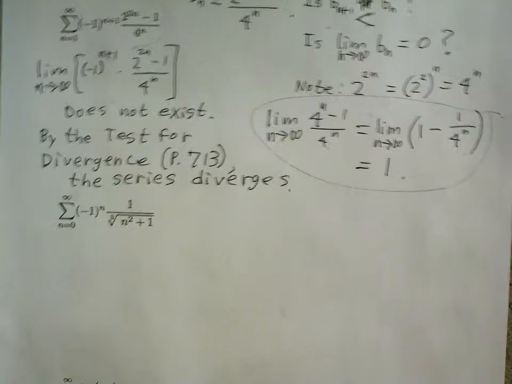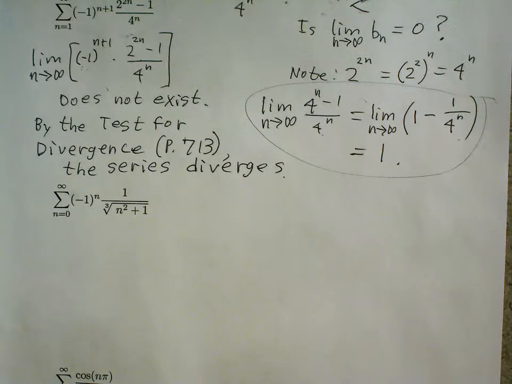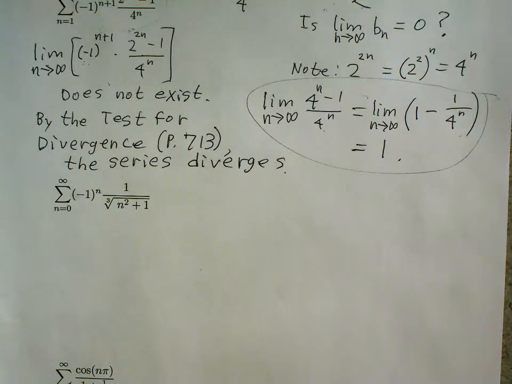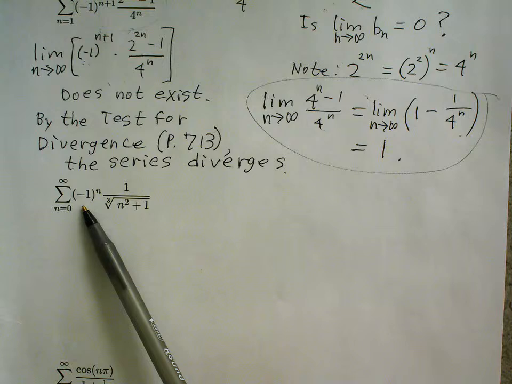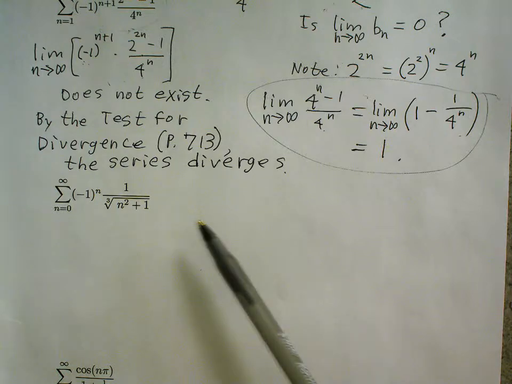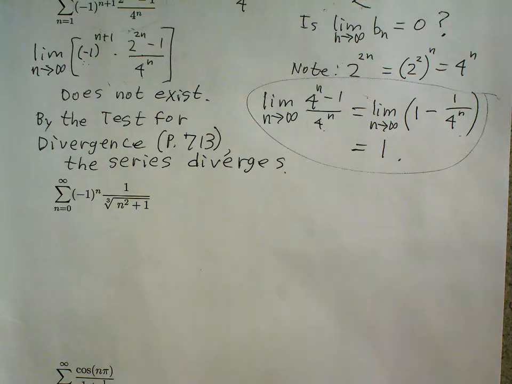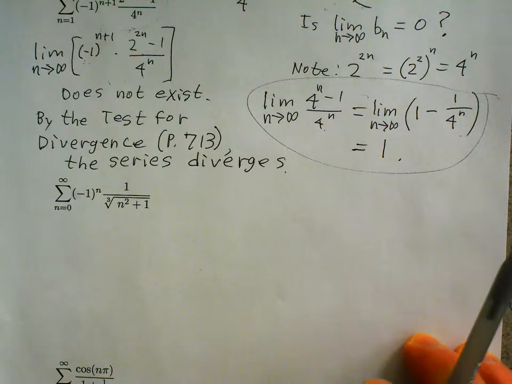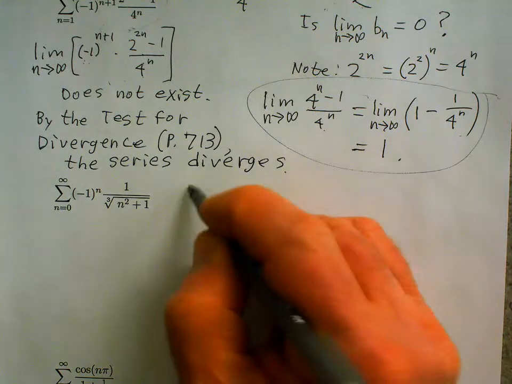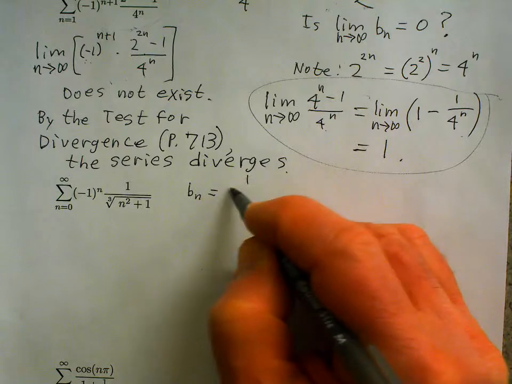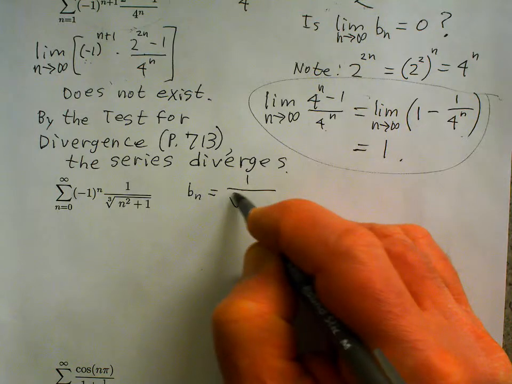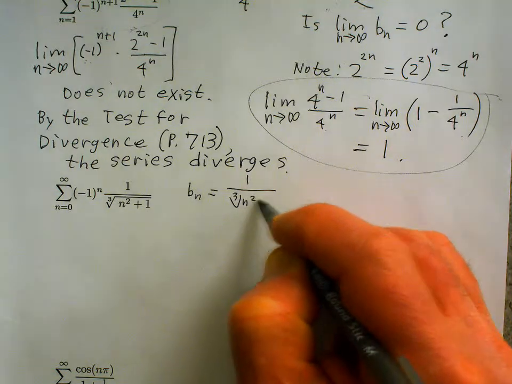Okay, let's look at the next series. The next one is an alternating series. Starting at n equals 0, the first term is positive, and then the second term is negative, and so on. Okay, so the b sub n terms are 1 over the cubed root of n squared plus 1.